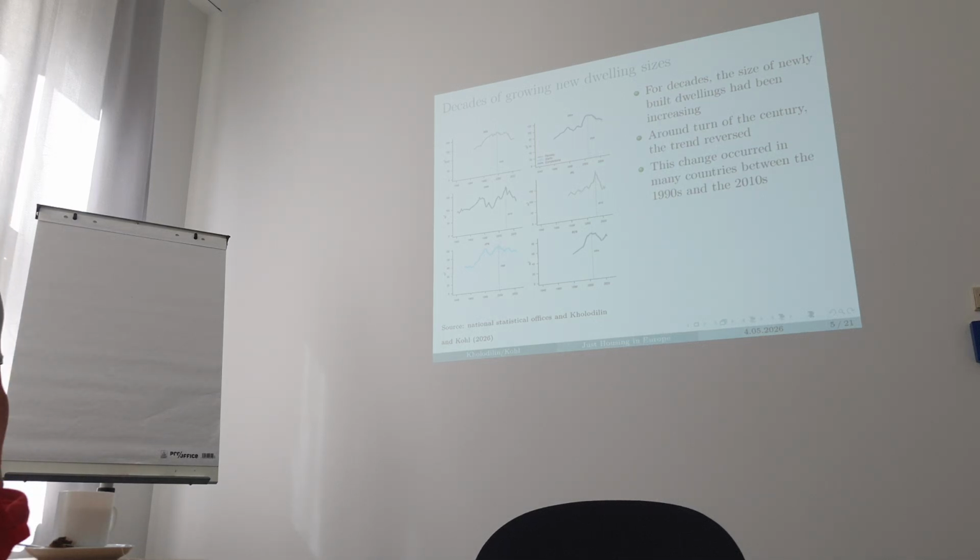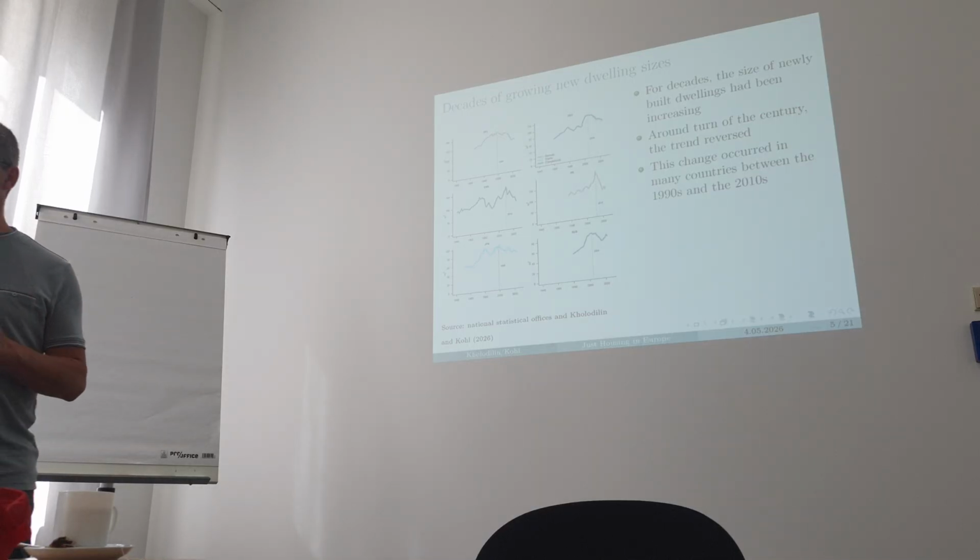And then something happened. In all these cases, after a peak was attained, the average newly built area of housing started to fall. We see it in all these cases. It happened at different time points.